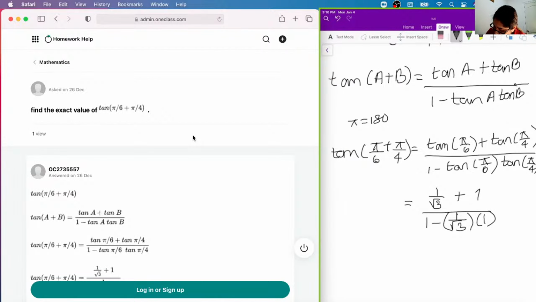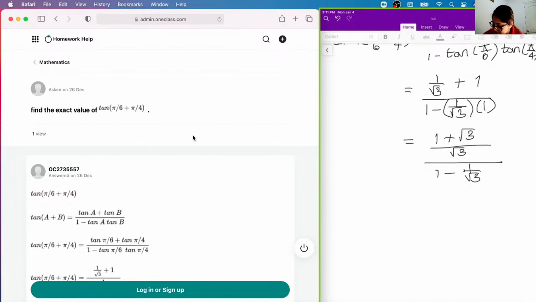And so in the numerator, what we have is 1 plus root 3, taking the common denominator of root 3. Then in the denominator you have 1 minus 1 over root 3.